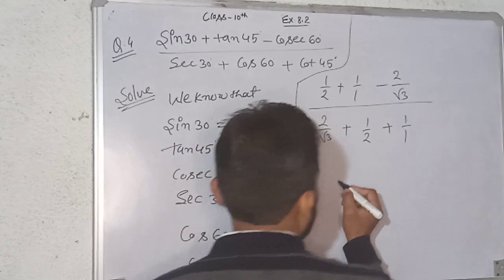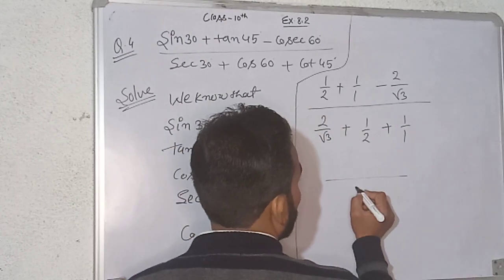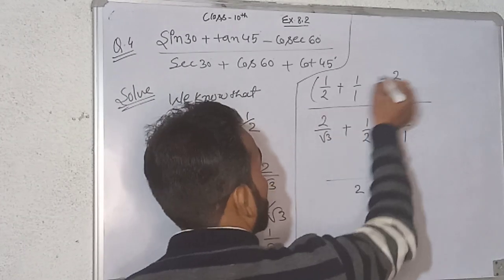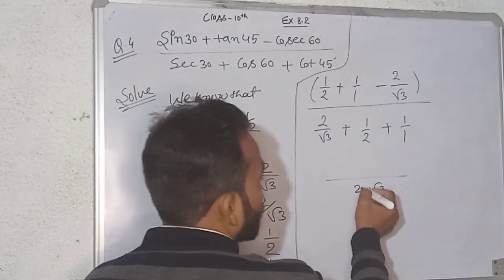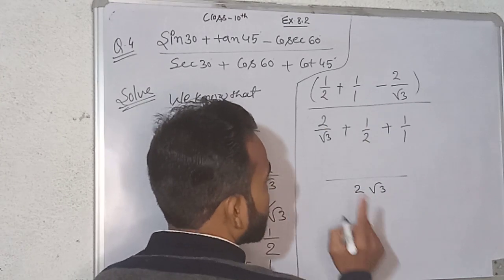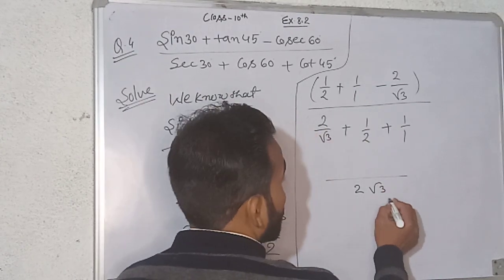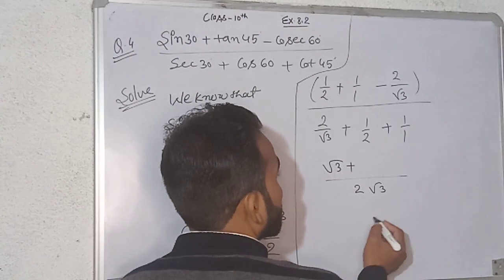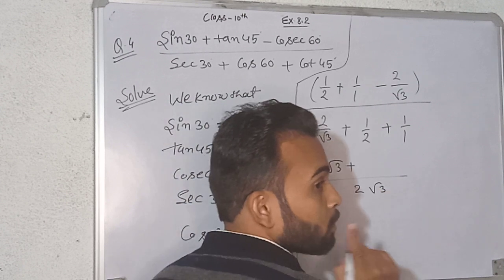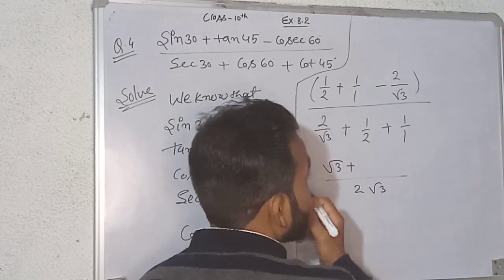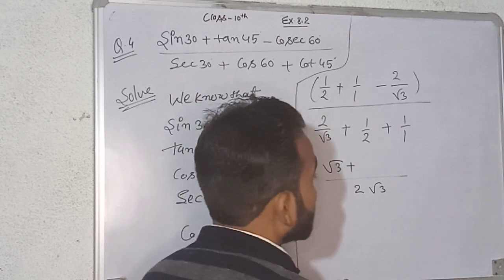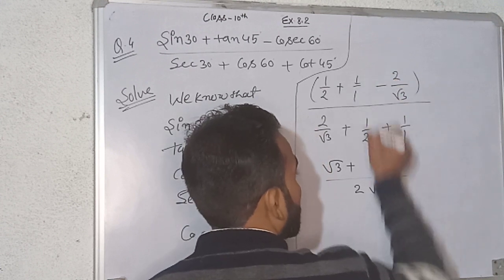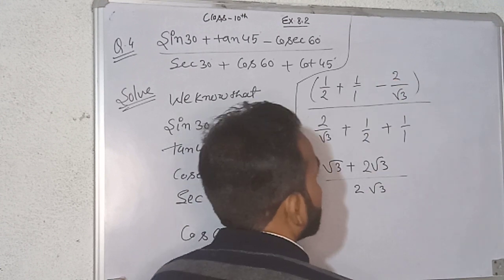So the LCM will be 2 root 3. Clear? 2 root 3 divided by 2 gives root 3, multiplied by 1, so it will be root 3. Plus 2 root 3 divided by 1 gives 2 root 3, multiplied by 1.